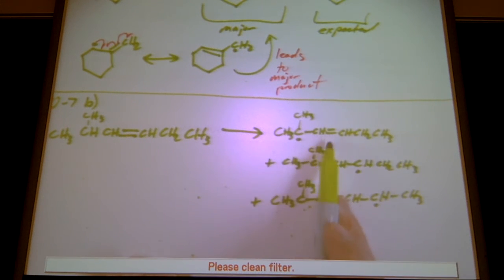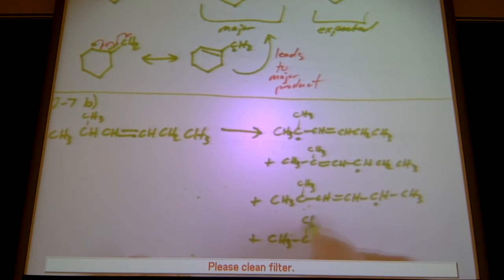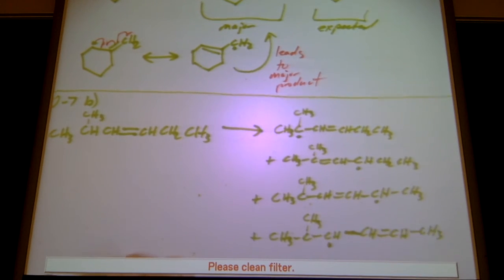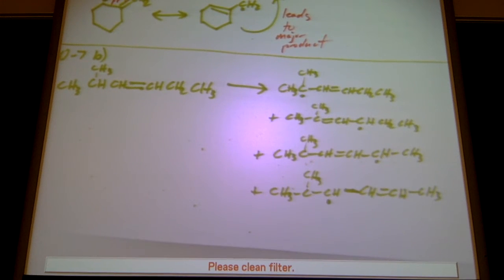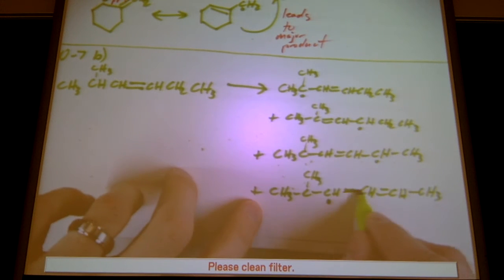So I'm just moving my double bond over here, then creating the radical here. Move my double bond between those two, make my radical at that position. It's just a single bond.